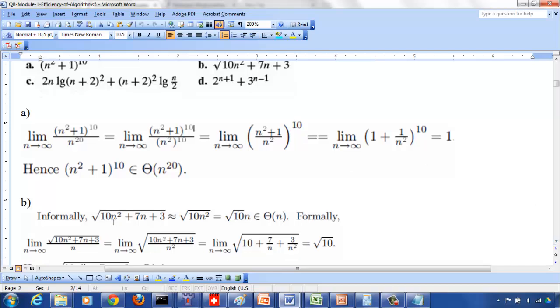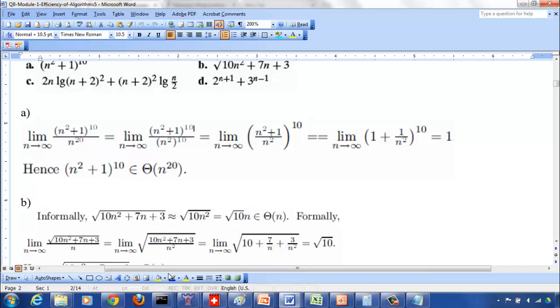Okay. So now this function, square root of 10n square plus 7n plus 3, again the highest exponent here is n square, and then you are taking a square root. So square root of n square is like n. So our hypothesis is this will be equal to theta of n. So we'll do now limit n tends to infinity, square root of 10n square plus 7n plus 3 divided by n. But now we can write our n as square root of n square, so that we can take n square inside, and the whole thing will be a square root.